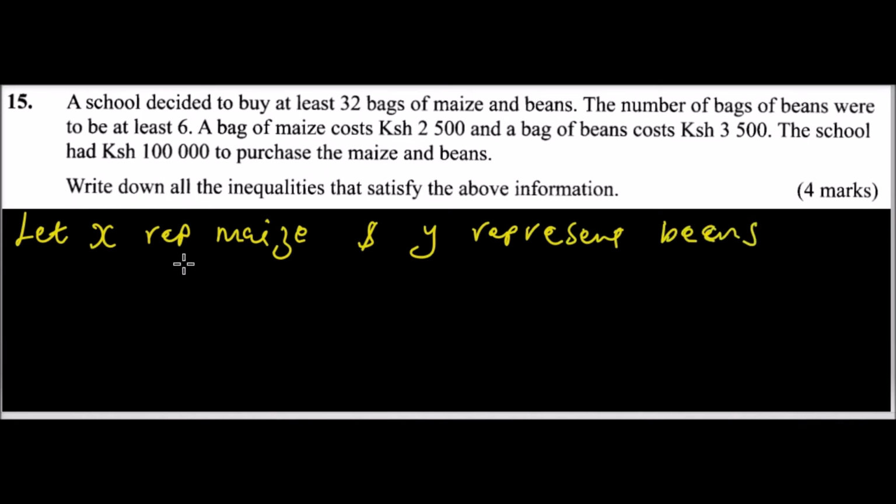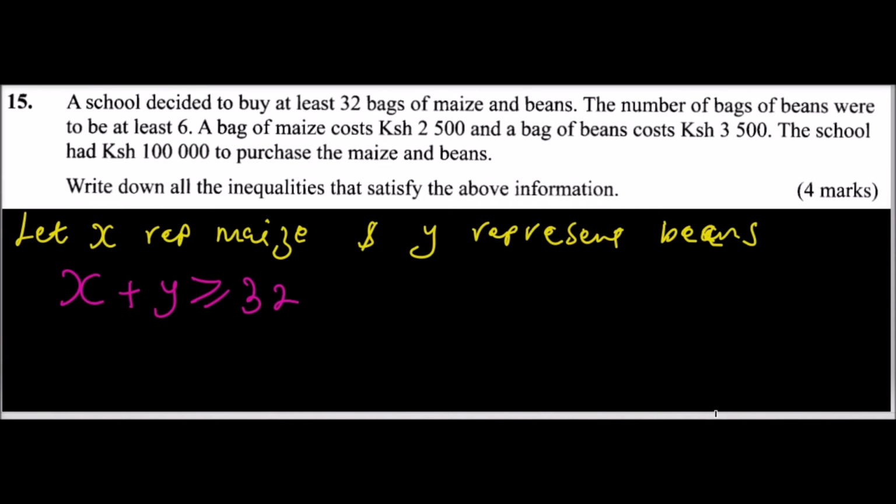So what we have is the school wanted to buy at least 32 bags. So the inequality to form here is that X plus Y must be greater than or equal to 32, the number of bags that they intended to buy.